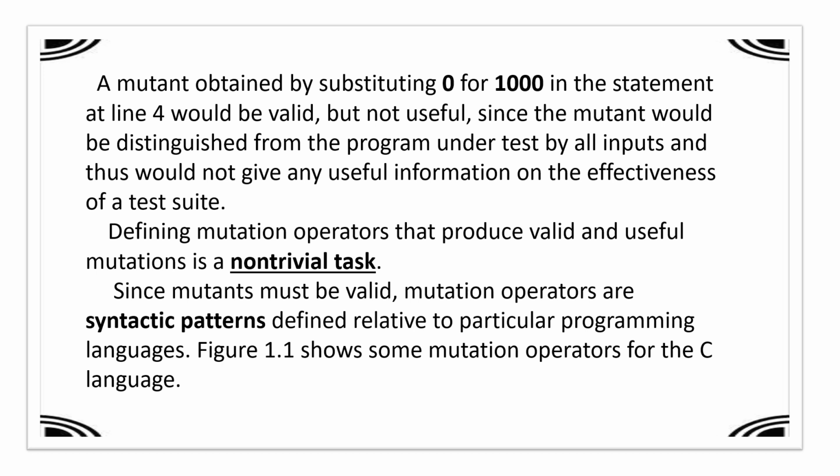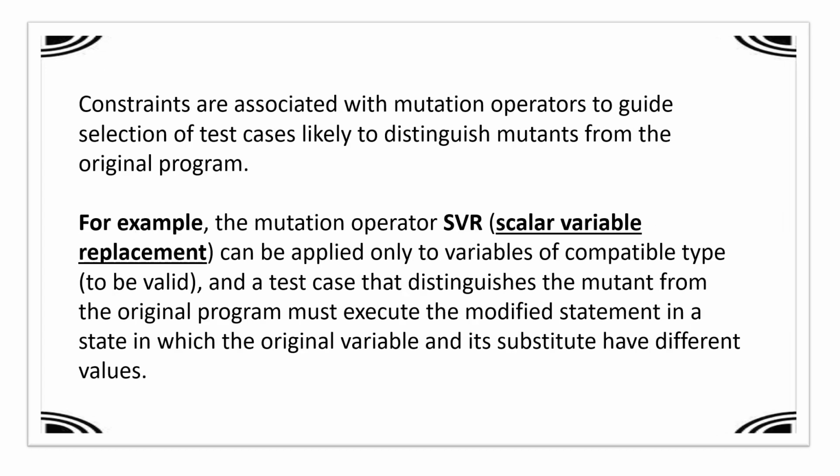Since mutants must be valid, mutation operators are syntactic patterns defined relative to particular programming languages. Figure 1.1 shows some mutation operators for the C language. Constraints are associated with mutation operators to guide the selection of test cases likely to distinguish mutants from the original program.